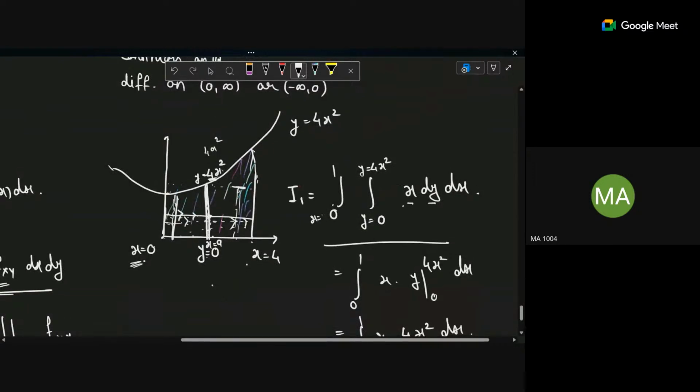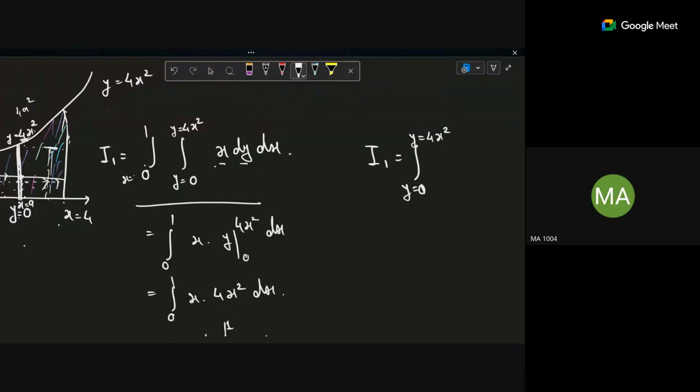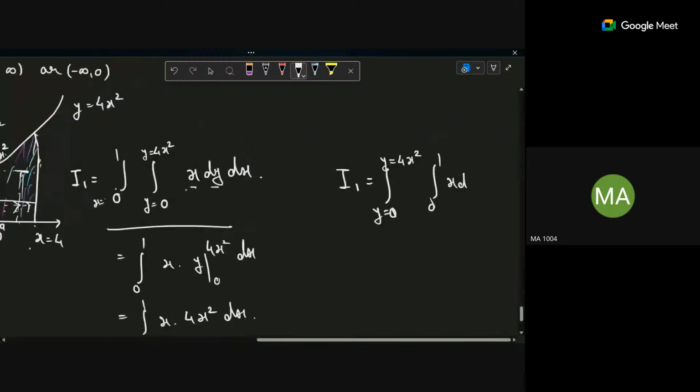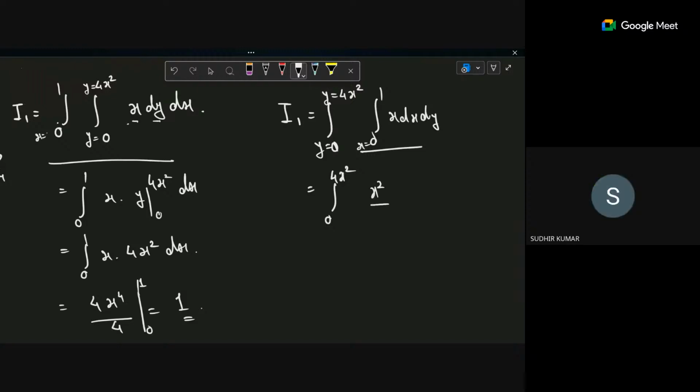Now I am asking you the same question, but it will not remain the same now. Once I change the limits, y from 0 to 4x square outside and integral 0 to 1 of x dx, once I take the limits here, I have to integrate with respect to x only, right? Now integrate it and check whether your answers are the same or not. See, what will you get? Integrate x dx over 0 to 1, what will you get? x square by 2.